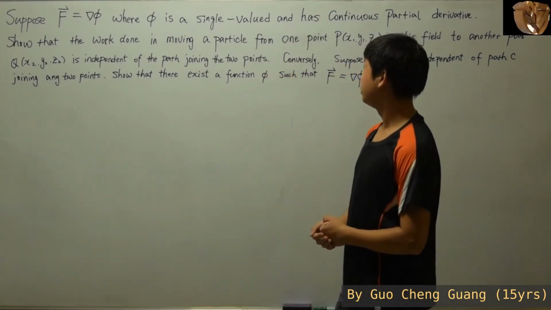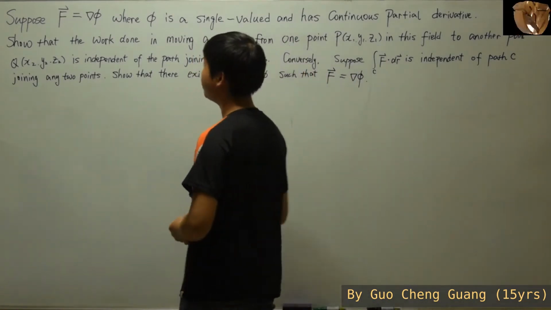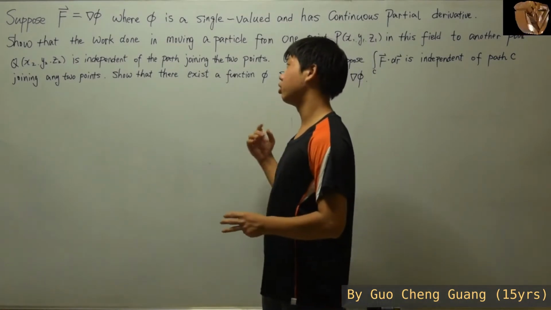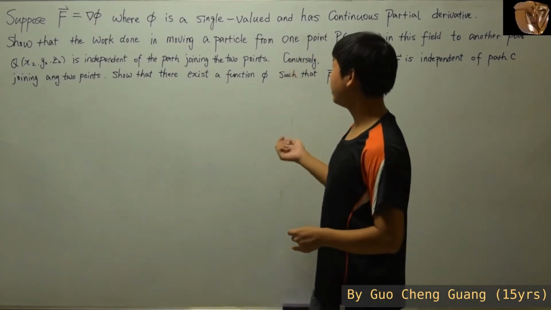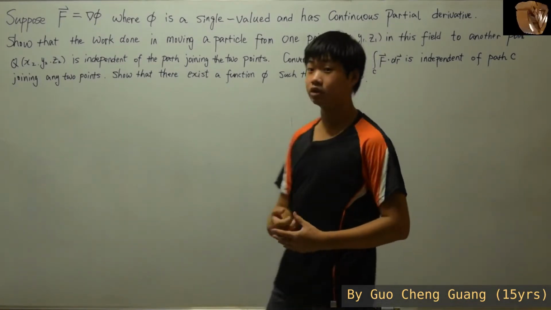This question is actually made of two different parts. Firstly, we suppose that this f vector is del phi, where phi is a single valued continuous partial derivative.